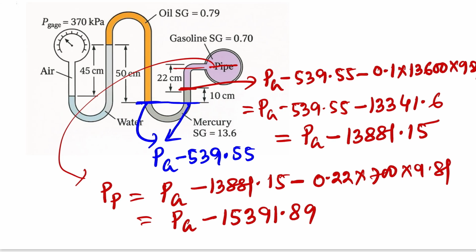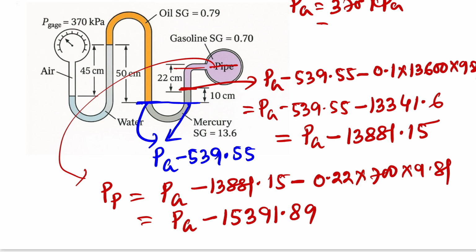Now if I go to the next page, PG is given as 370 kPa, which is 370,000 Pascal.